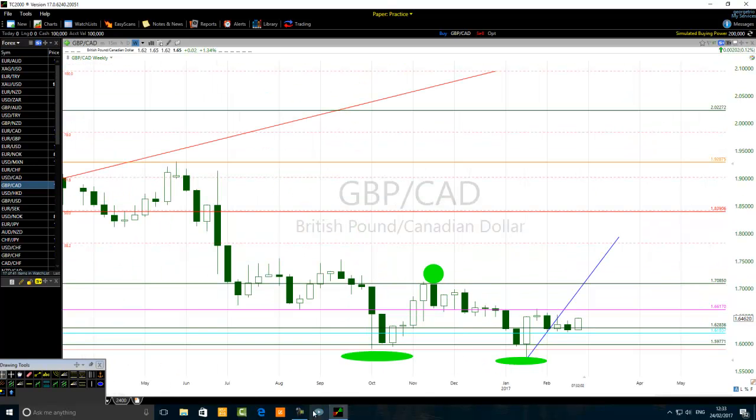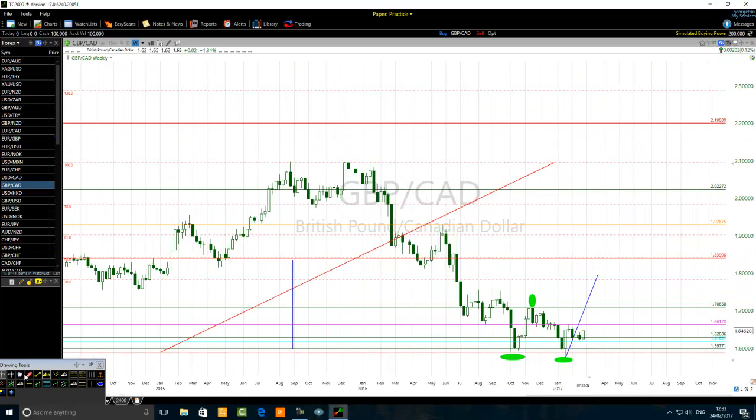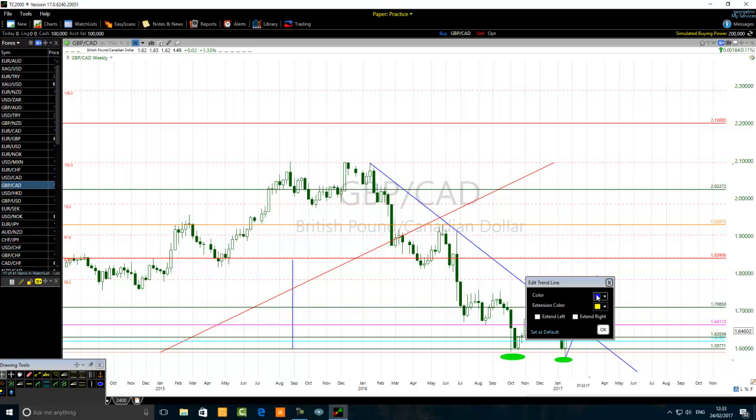Also on the weekly charts, there is this bearish trend line that you want to remember. Putting it on my chart, connecting this point and this one here, we have a bearish trend line. Do not ignore that bearish trend line.